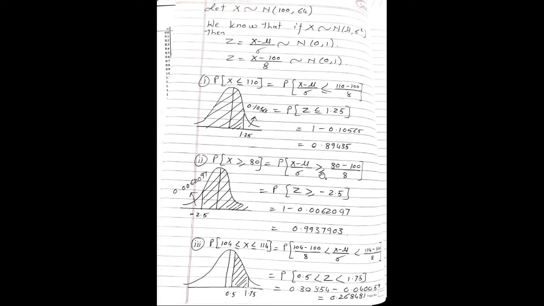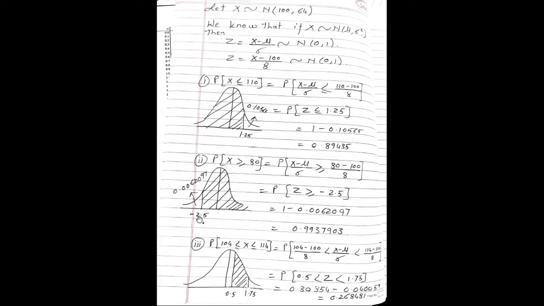Second part of the problem, probability x greater than or equal to 80 is equal to probability x minus mu upon sigma greater than or equal to 80 minus 100 upon 8. So probability z greater than or equal to minus 2.5. Now it is a negative ordinate and the greater part. So minus 2.5 will come on the left hand side of the curve and we want the greater part, so we will mark the right hand side portion.